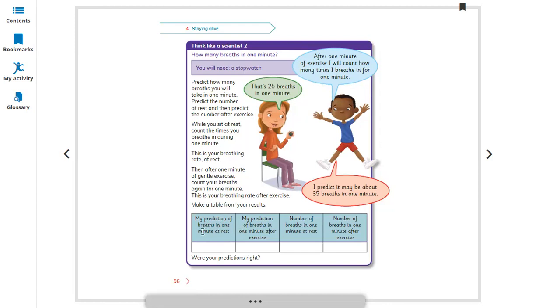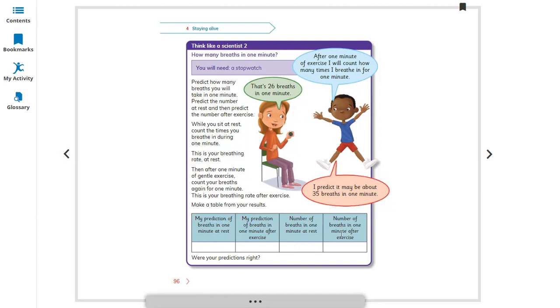So my prediction of breaths in 1 minute at rest. My prediction of breaths in 1 minute after exercise. Number of breaths in 1 minute at rest: this may be 27, 25, normal.